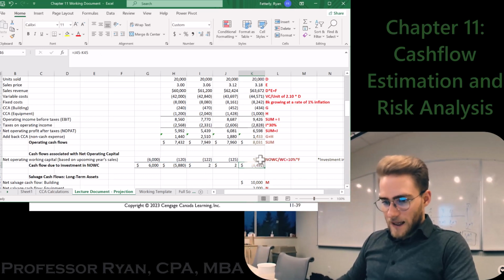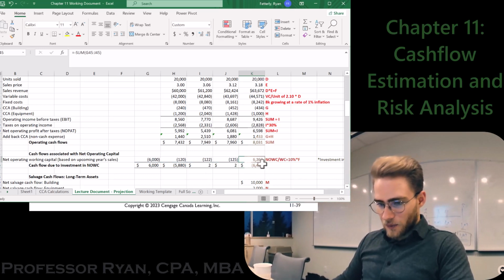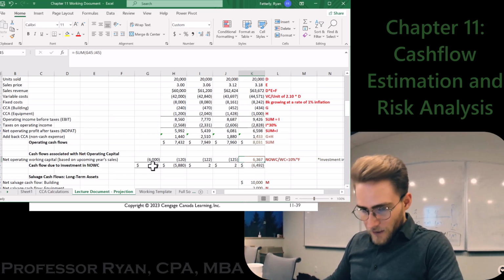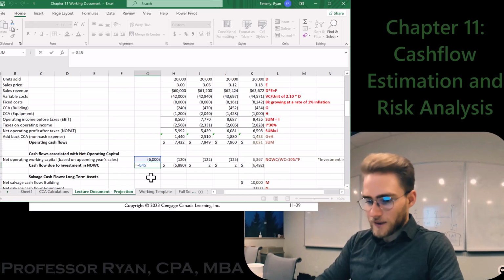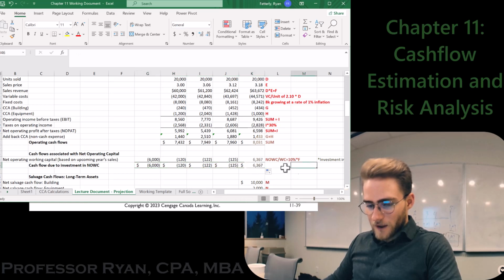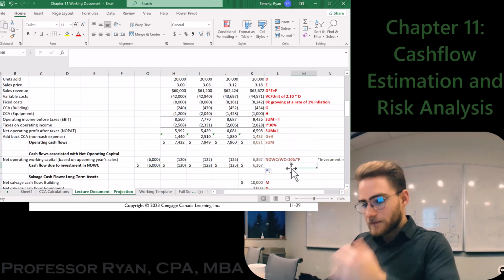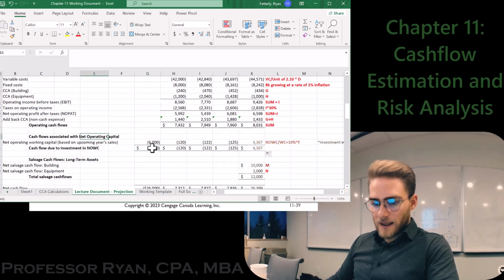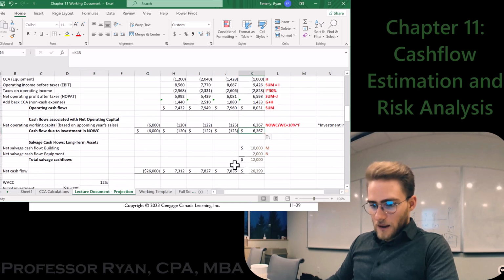So then I get back 6.367 mil. So I'll fix this. Oh, that's what I did. I made those positive and then made the below negative, but I can see how that would have been confusing. All right, so that is fixed. Okay, so now I basically forecasted my investments in my net operating working capital, which is good.